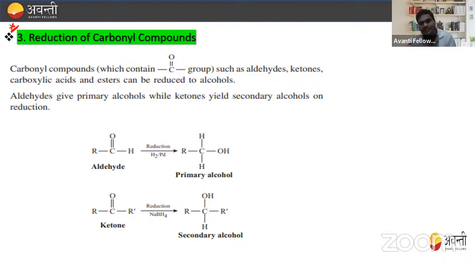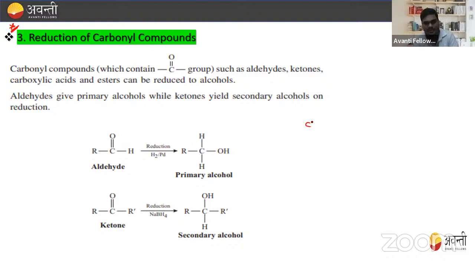Aldehyde gives primary alcohol, while ketone gives secondary alcohol on reduction. Let's see how it takes place. This is aldehyde, RCHO.